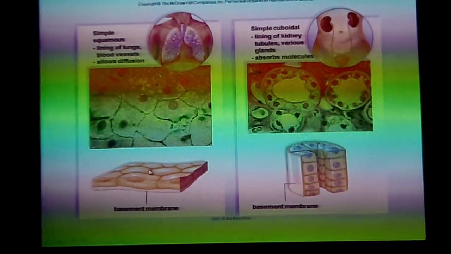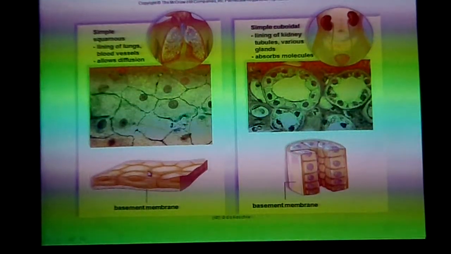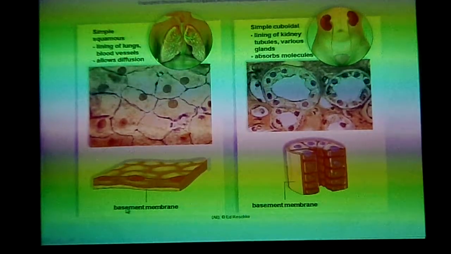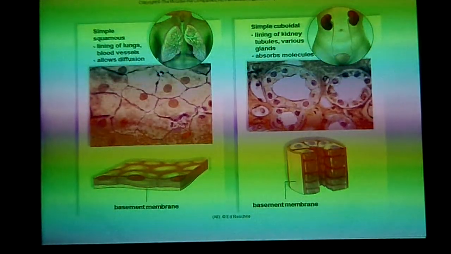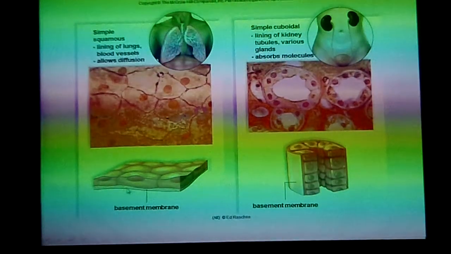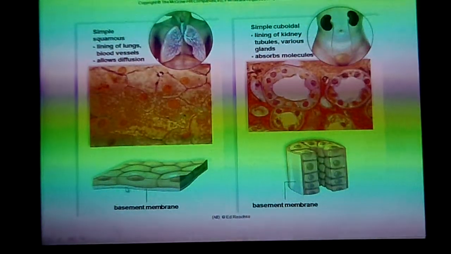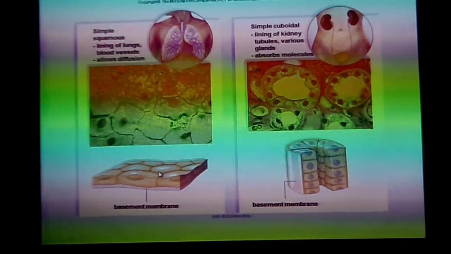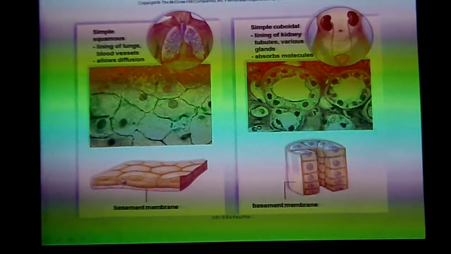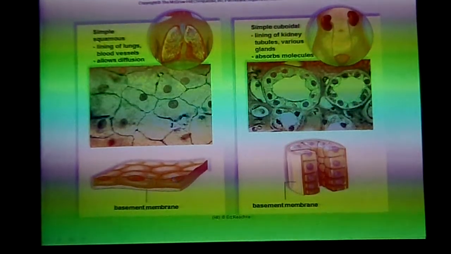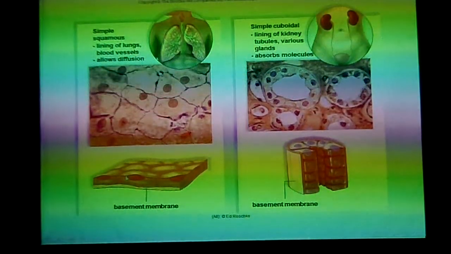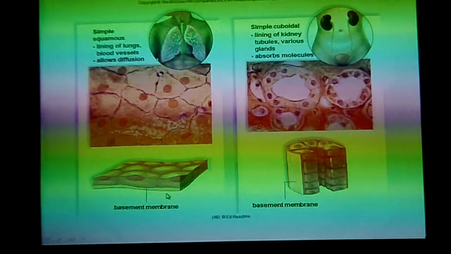The oxygen will diffuse through the cracks between these cells and get into your blood. That's what this tissue layer does. We say that these types of tissues are called epithelium. Epithelium are protective layers of cells. Simple squamous epithelium is about the thinnest layer of cells you can get in your lungs or anywhere in the body.